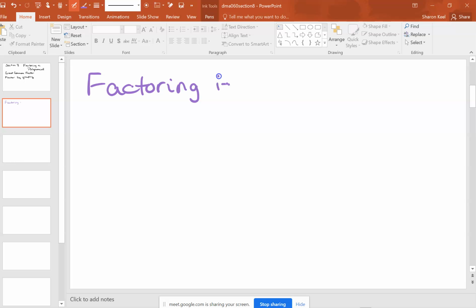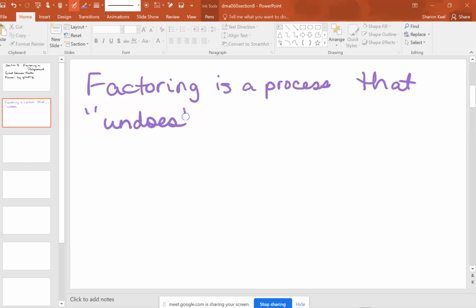Well, factoring is a process that, in essence, undoes multiplying. And if you think back to DMA 060, another concept that's going to come into play is using the distributive property.